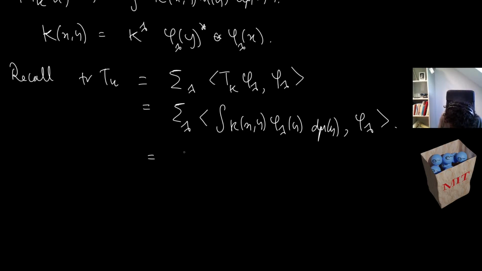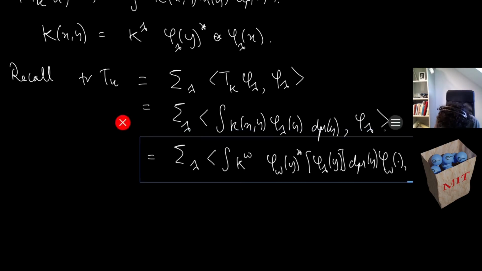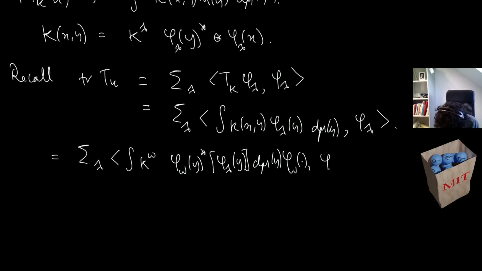This is precisely going to be equal to the integral of k_omega, because it's a lambda, and then I have the phi_omega(y)* now acting on phi_lambda(y) d mu(y) d omega, and I'll just put a dot here because that's the variable in which we're evaluating this in the inner product, phi_lambda.